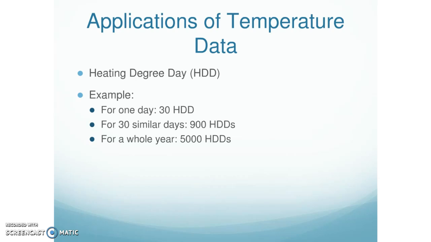What if you do that for a whole year? On average, you are at 30 heating degree days for an entire year. Well, 30 times 365 comes out to roughly 5,000 heating degree days. And then using that number, a business can calculate how much energy they really do need to spend to heat their business.